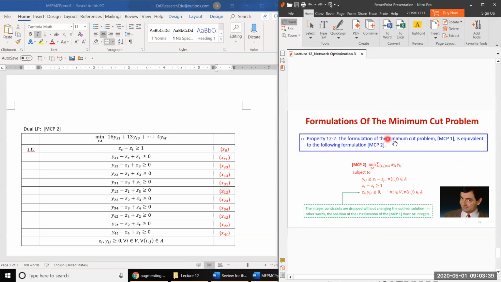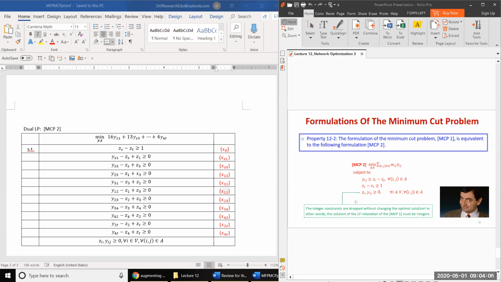The formulations of the minimum cut problem, MCP1 is equivalent to MCP2, in which Zi and Yij are continuous variables, both greater than or equal to 0, instead of, previously, saying they must be either 0 or 1. Here, theoretically, I would allow you to have Z equals 0.5, for example, Yij equals 0.6, for example.